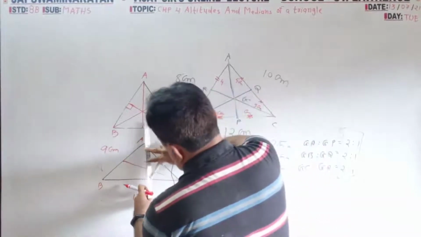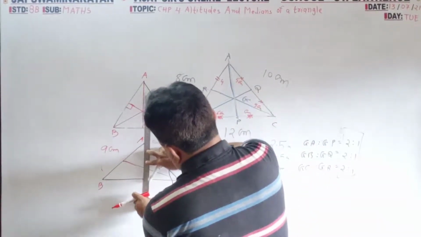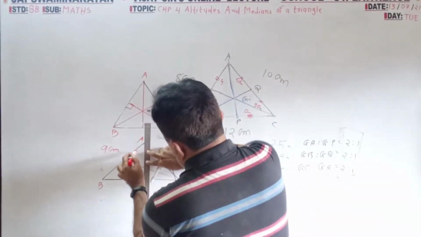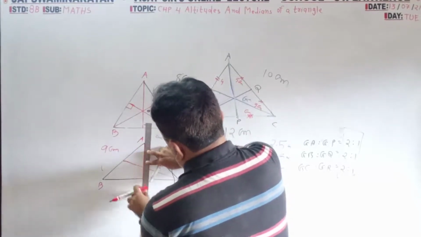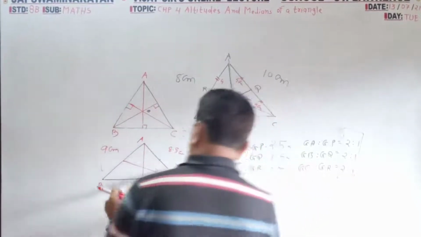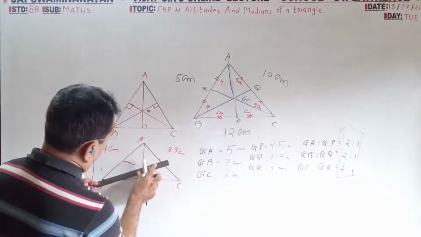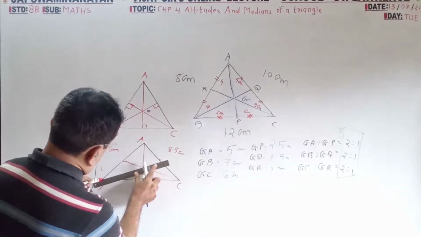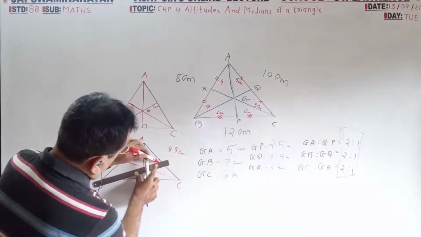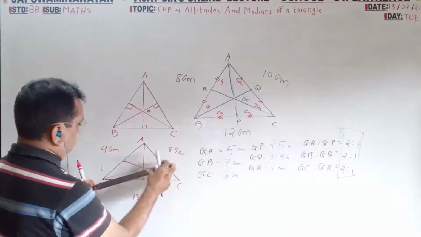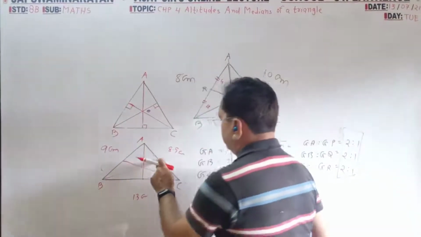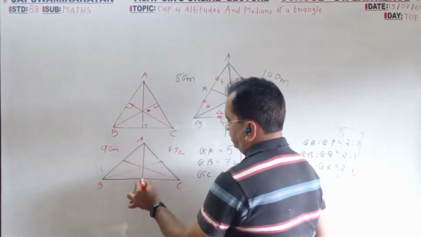One, two, and 3. So it should pass to this point.